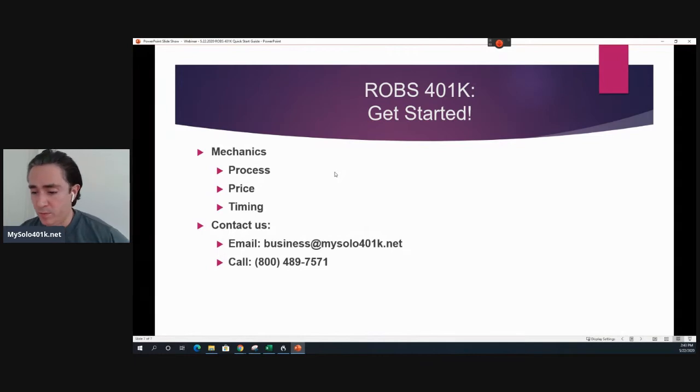Can I use my IRA to fund my business through an LLC? Well, great question. You can definitely use an IRA as long as it's not a Roth IRA, and roll that over to the ROBS 401k plan. But in order to fund your business with a rollover as business startup, you have to follow specific requirements.